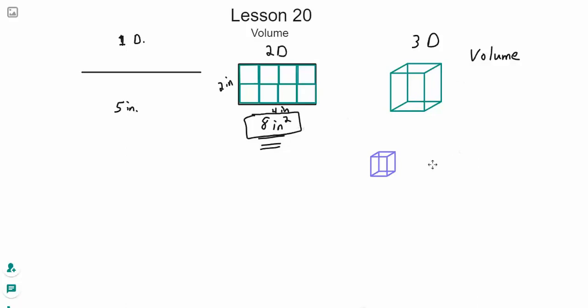So if we take this cube and set it in the box here, hopefully this will all visually make sense. We're going to set that into the back corner of the box. And there's one. Now let's pull another one out, and we'll set this one right in front of it.